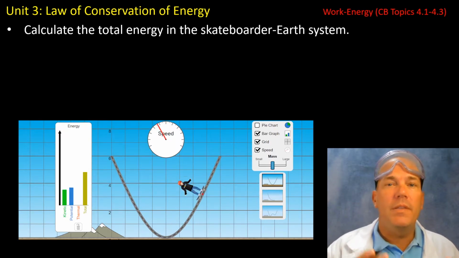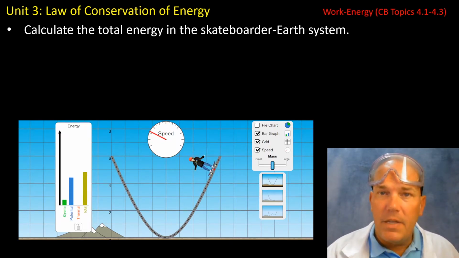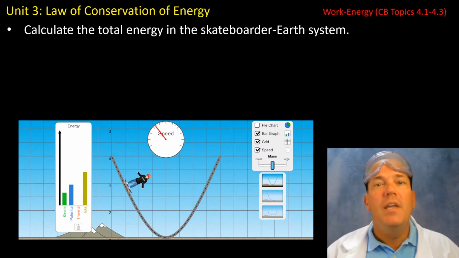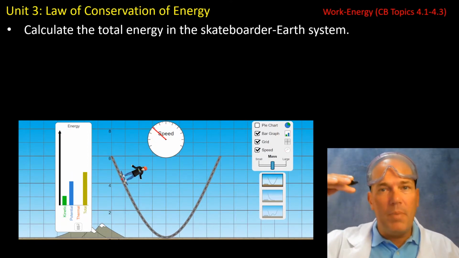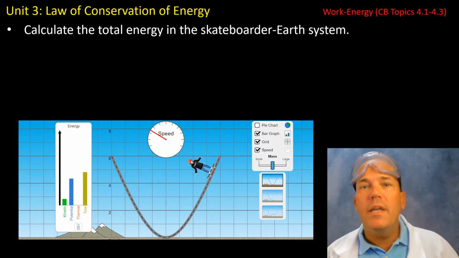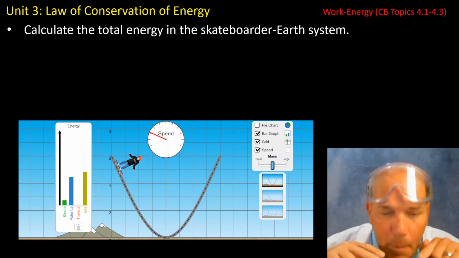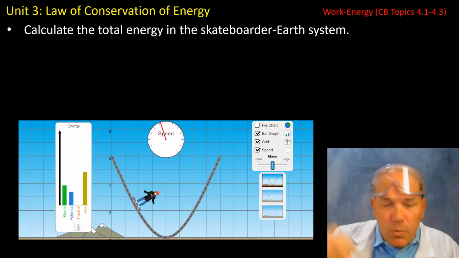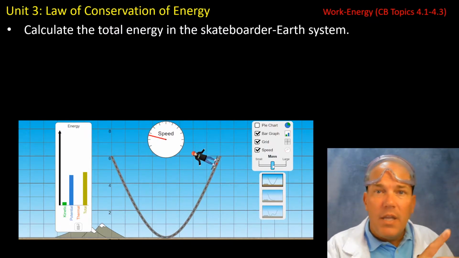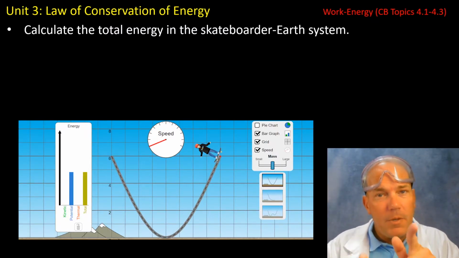And that would be when the skateboarder is at the very top of a ramp, which is 6 meters above the ground, or it could be the skateboarder's kinetic energy when he or she's at the bottom of the ramp, has the greatest kinetic energy, or it could be somewhere in between.